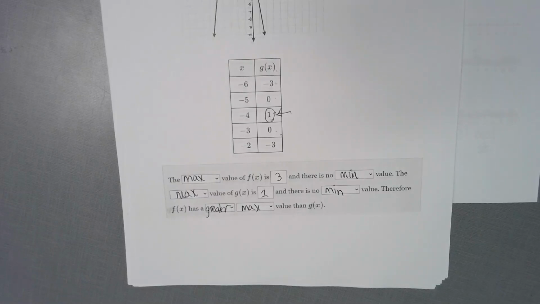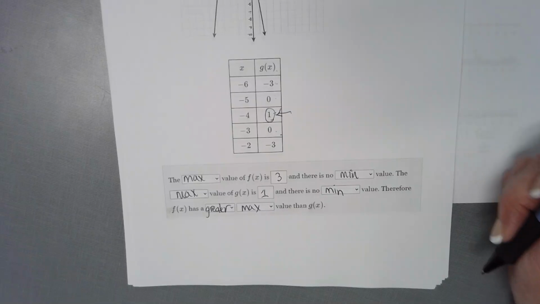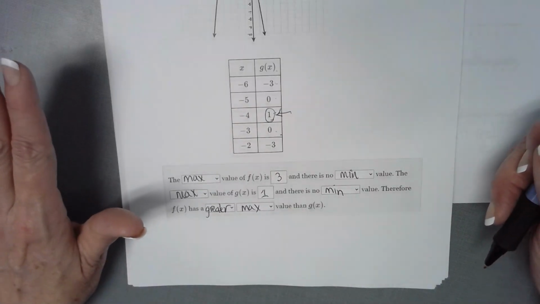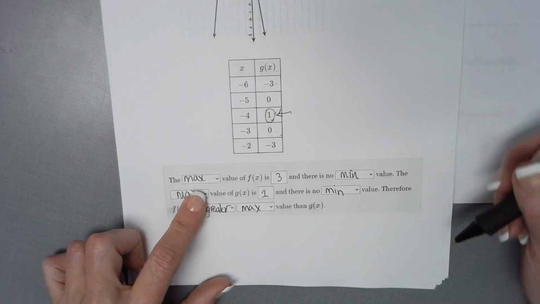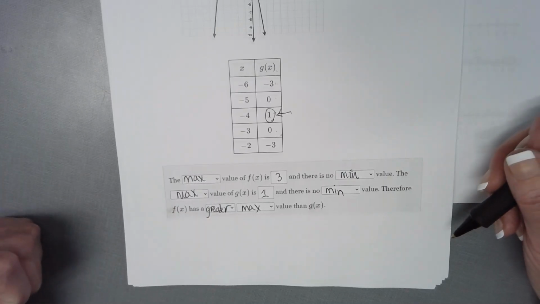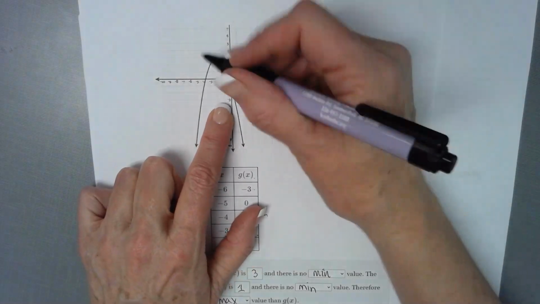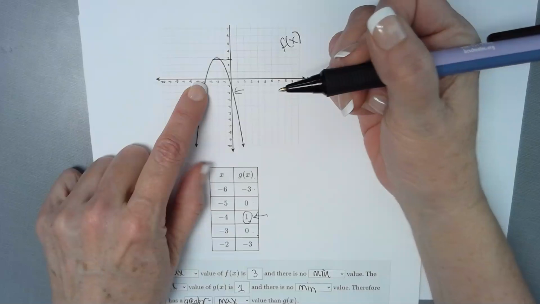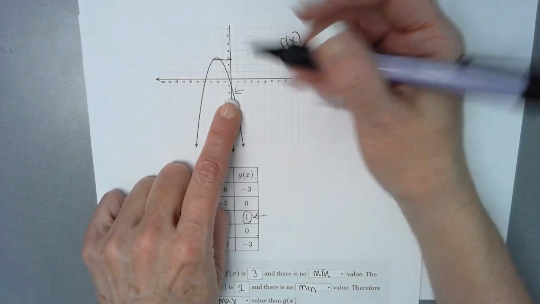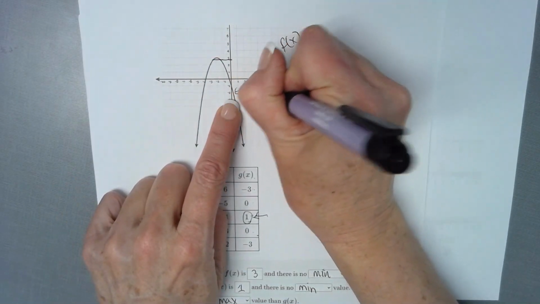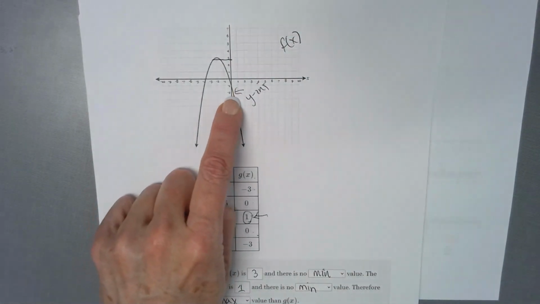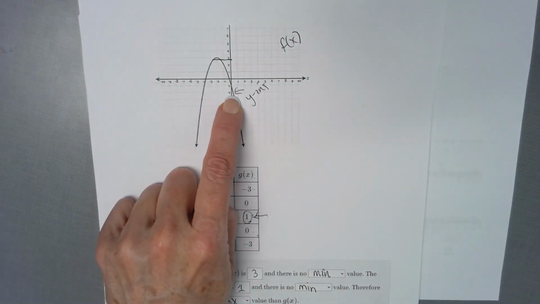Okay, now you need to know something. I know where you're going to struggle: they're going to change this to y-intercepts. You've got to know where a y-intercept is. Here's your y-intercept. It's not here. It's right there. That's your y-intercept. So when it asks you for a y-intercept, you're wanting to find that part there.